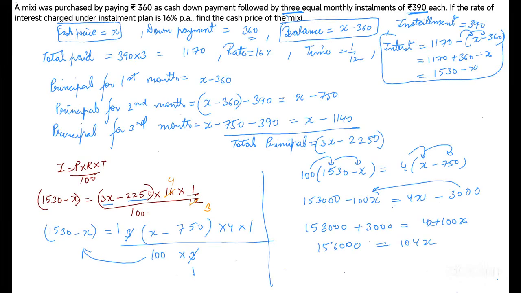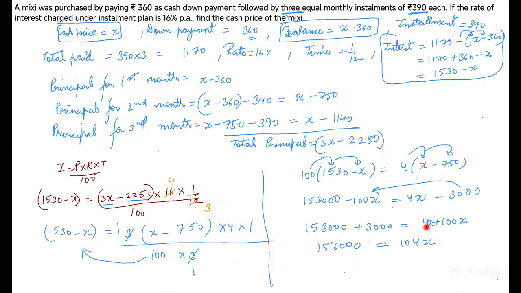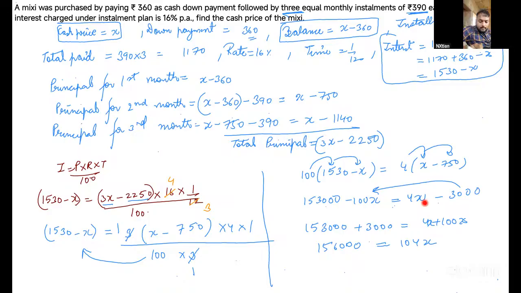Yes, just one thing I didn't get. There's 4x and 100x also, right? So there are 2 x's. So 4x plus 100x becomes 104x. But what about the other x? Where does the other x go? When they are like terms, there is no need to have x and x both.